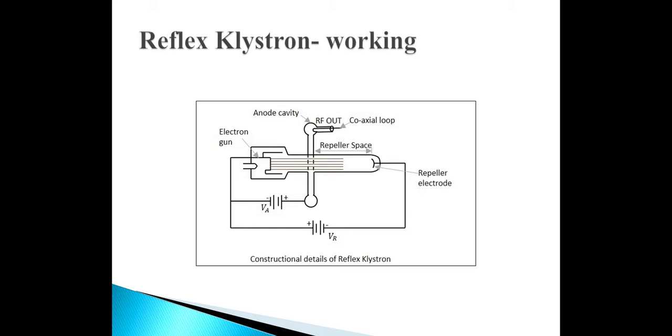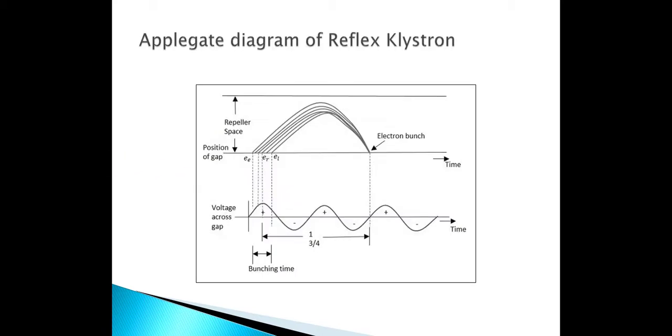Under suitable conditions, the electrons give more energy to the gap than they took from the gap on their forward journey, and oscillations are sustained. So its operation can be better explained by using the Applegate diagram.